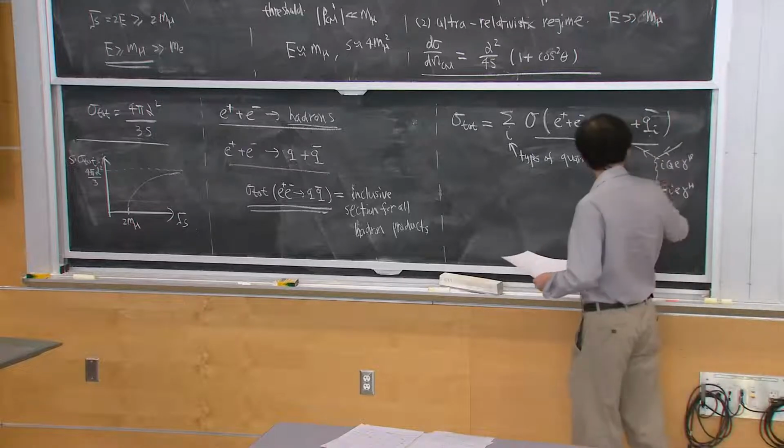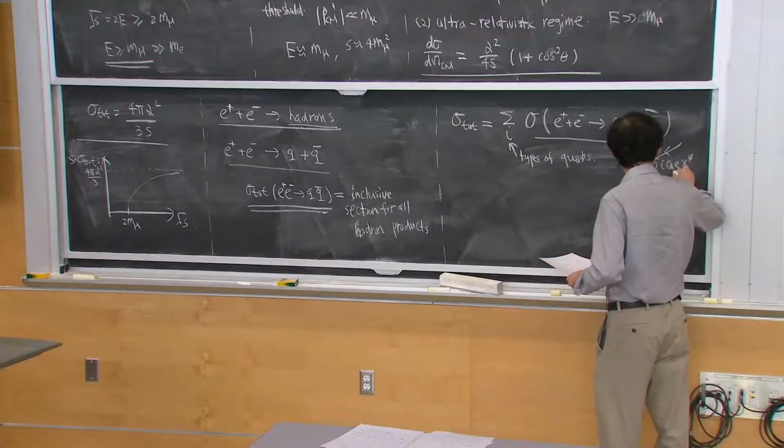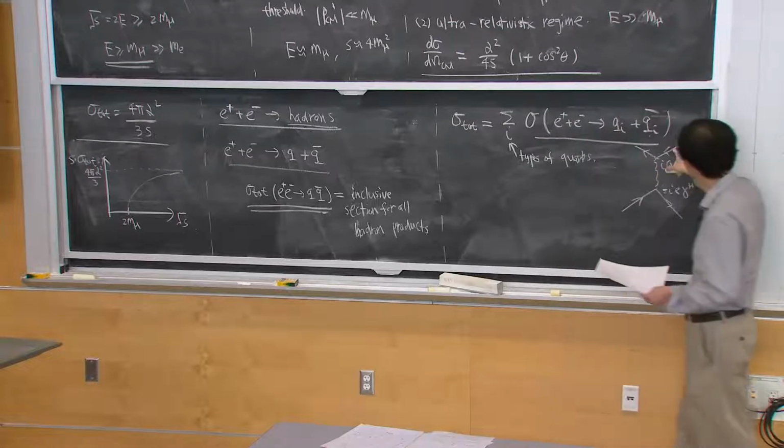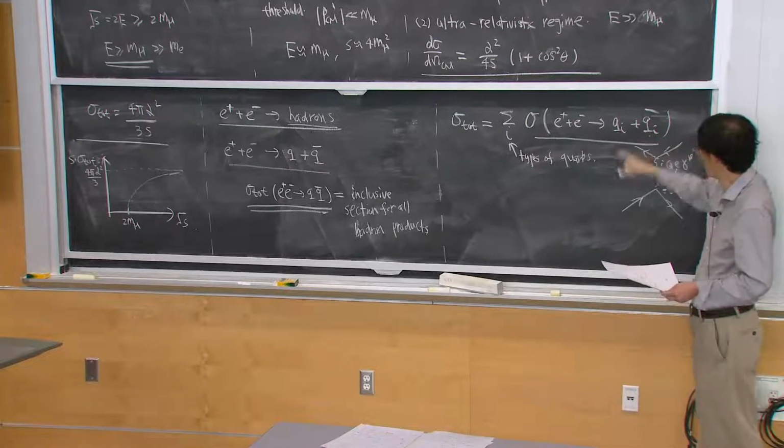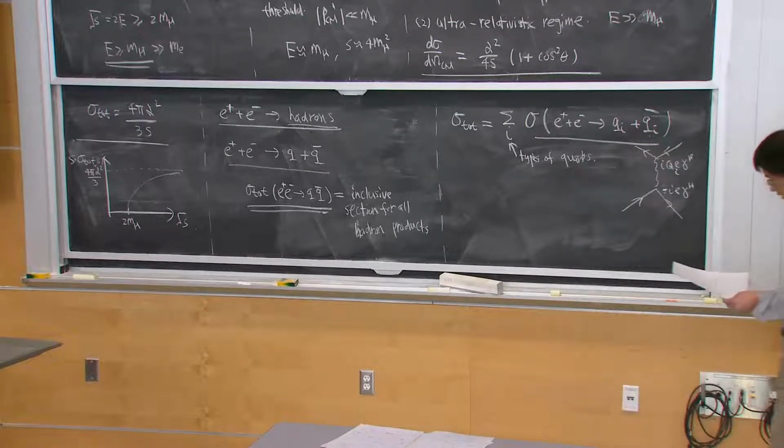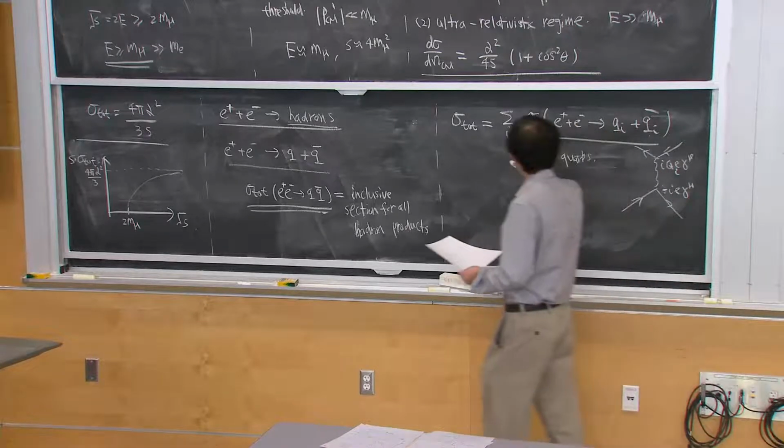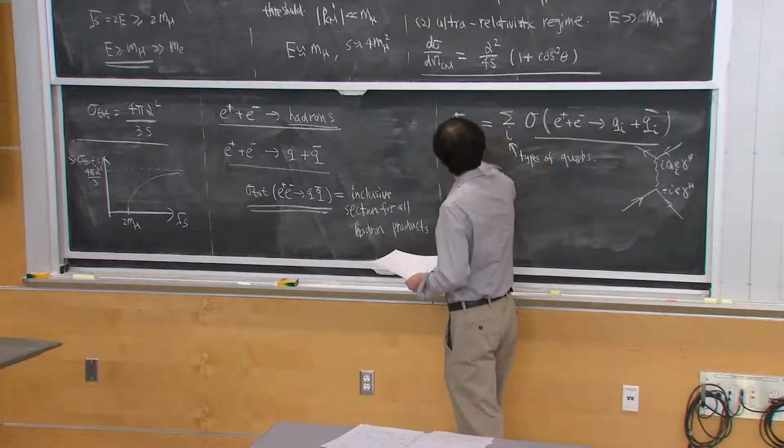Suppose Qi is the charge for the quark i, and this total is going to all hadrons.